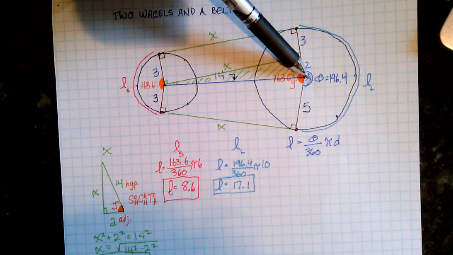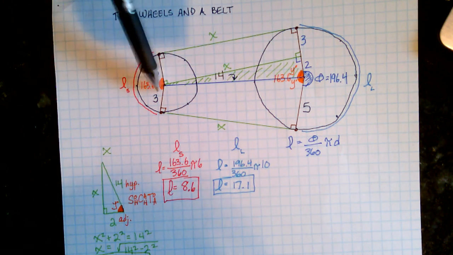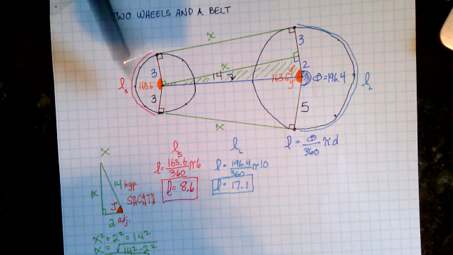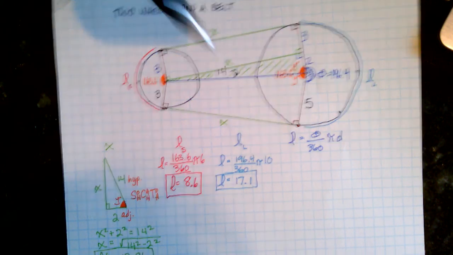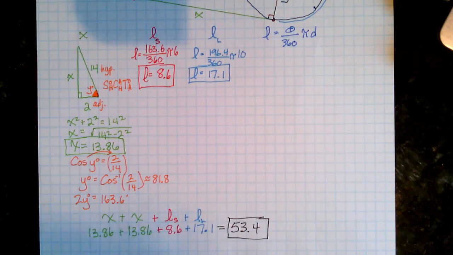Subtract that from 360 to get this central angle. All these are parallel, so they're the same. Find the lengths of the small and large arcs. Add them up. Okay, so I'll put that right there. Again, Friday, the radius is going to be different, and the distance between the circles is going to be different. Everything else, process included, will be the same.